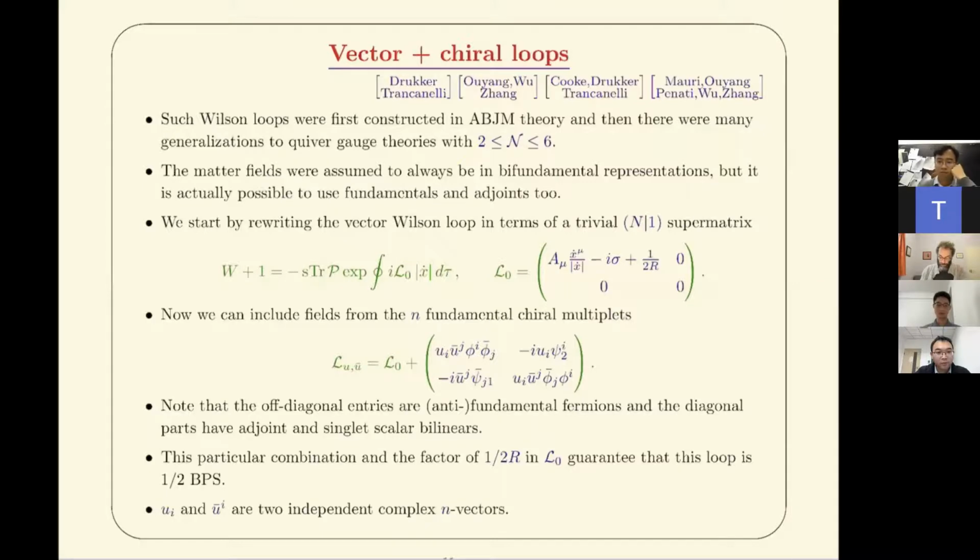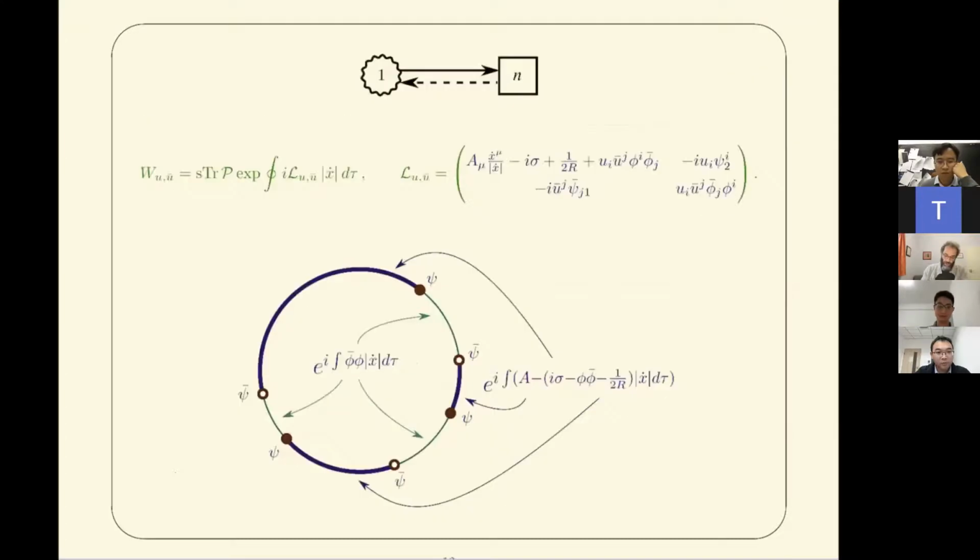For that I need to include these particular combinations, and u bar appearing the same here and so on. Let me explain what this is in a picture.